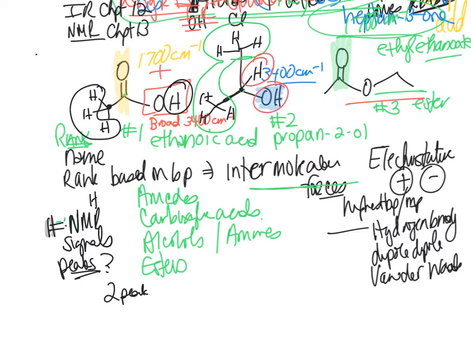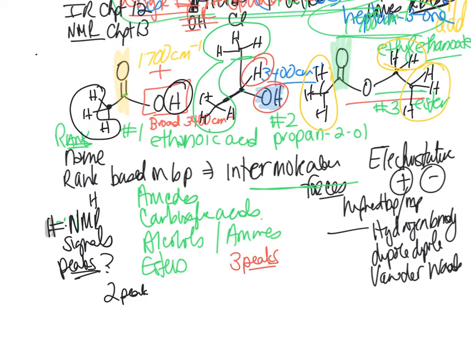So you get 3 peaks in your NMR spectra for this compound. All right, you come over here, drawing your hydrogens, because we're assigning hydrogen NMR. It says 2, and this has 3. So these are equivalent. That's 1 peak, 2 peaks, 3 peaks. This would have 3 peaks in NMR.